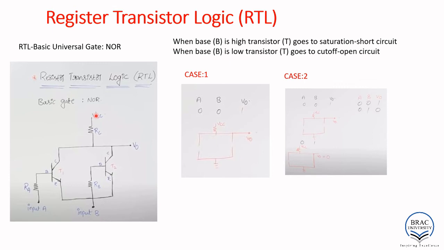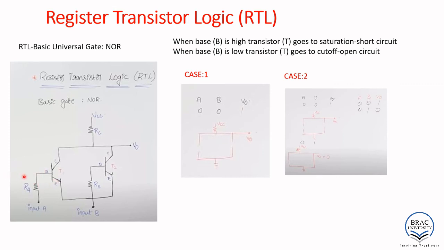So we will now investigate how the RTL can work as a NOR gate. If you can implement NOR, you can implement any other gate, because this is one of the universal gates. So we know when our base V is high, transistor T goes to saturation, which means short circuit.